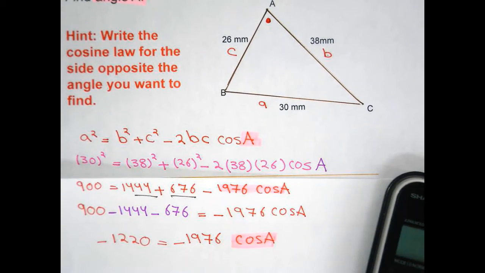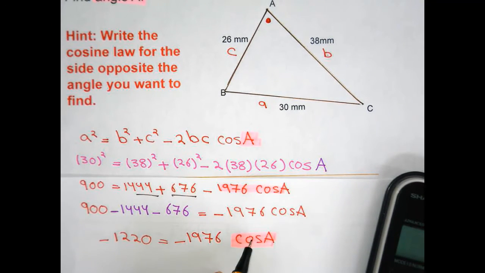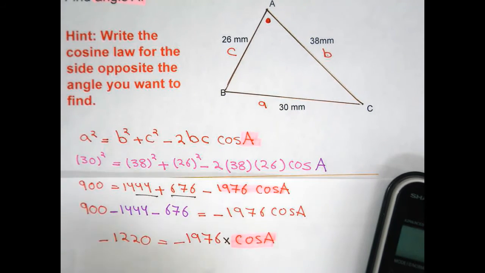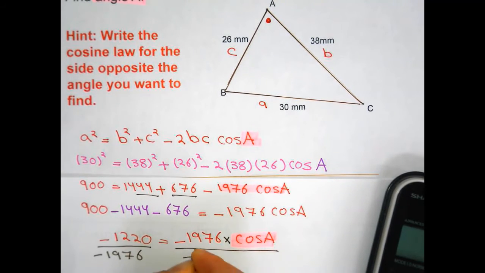Now you want to isolate cosine A, and if you think about it, cosine A is multiplied by this number. So in order to isolate cosine A, because this is multiplication, you have to do the opposite operation, which is division. So you divide both sides by negative 1976.